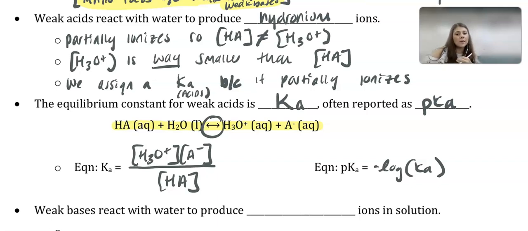So you're going to want to look at a pKa, okay? Just to look at it from a different perspective. One way that you can think of it is the smaller that pKa is, the stronger, in a sense, the acid is, compared to a larger pKa, which is coming from a K that's very, very, very tiny, okay?